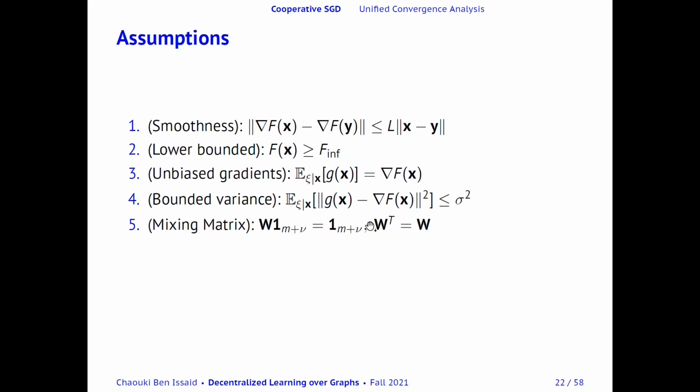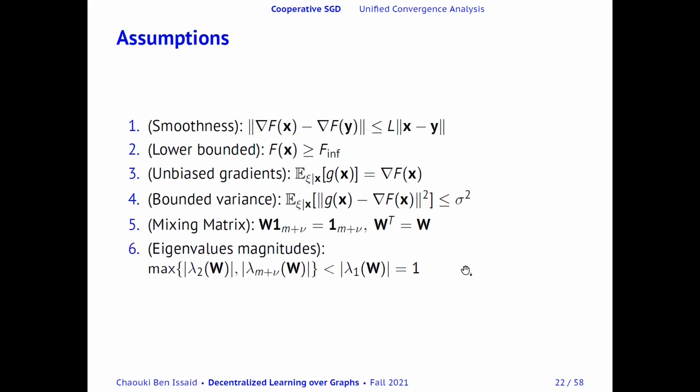Regarding the mixing matrix, it is symmetric and doubly stochastic. And finally, regarding the eigenvalue magnitudes of the mixing matrix, we assume that the maximum between lambda 2 and lambda m plus nu is less than lambda 1, which can be shown to be equal to 1.